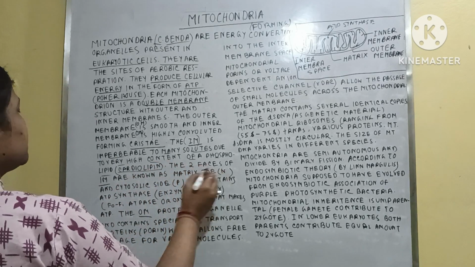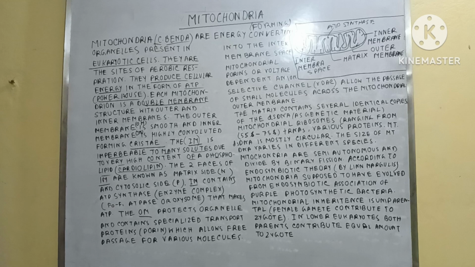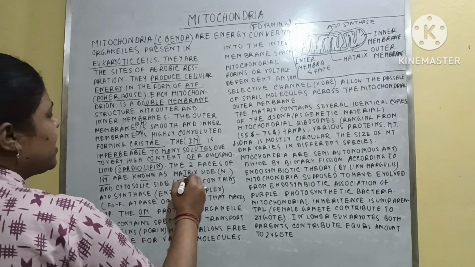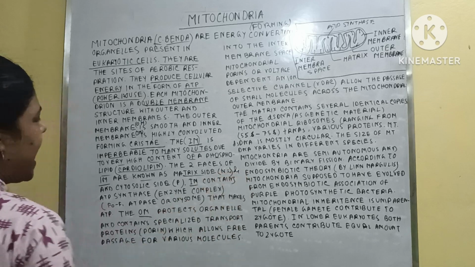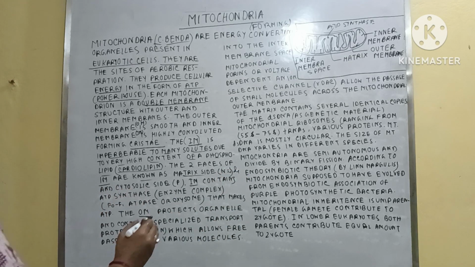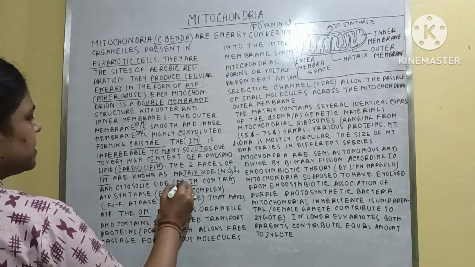The faces of the inner membrane are known as the matrix side, called the N side, and the cytosolic side, called the P side.